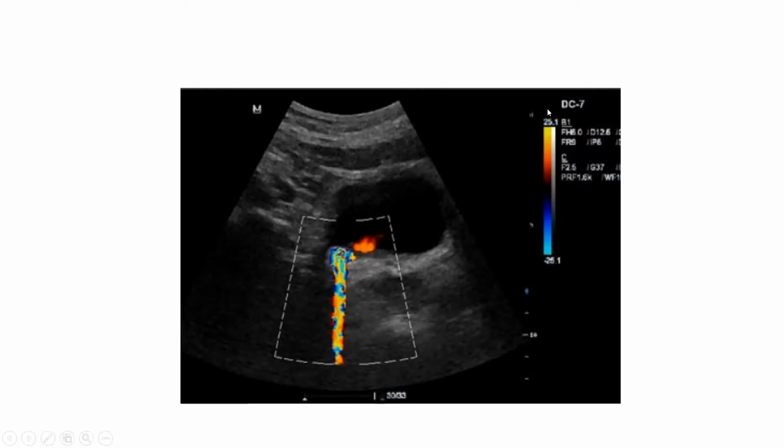It appears with or without an associated color comet tail artifact. And in fact, this is the most specific artifact that can help us in identifying renal calculi. It is not posterior acoustic shadowing, okay? It is the twinkling artifact. It is the most specific artifact for diagnosing calculi on ultrasound.